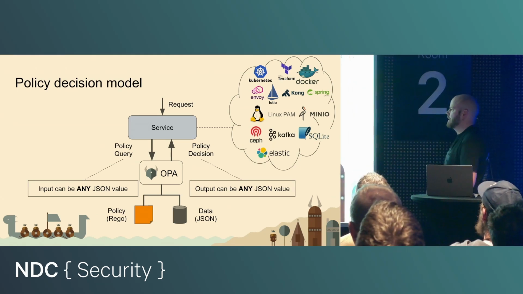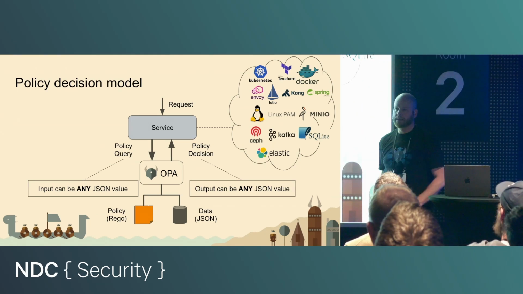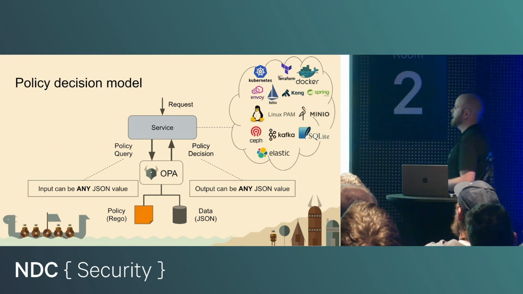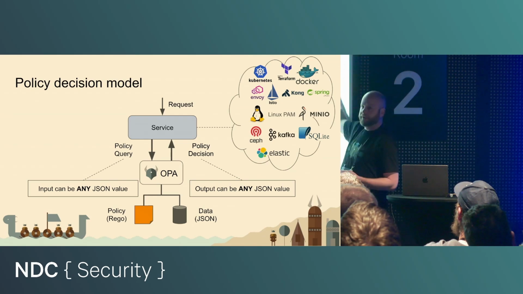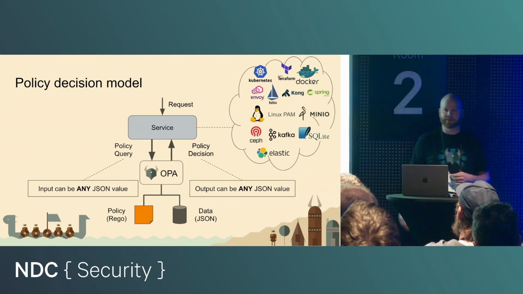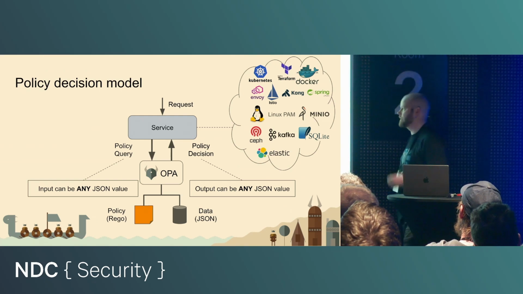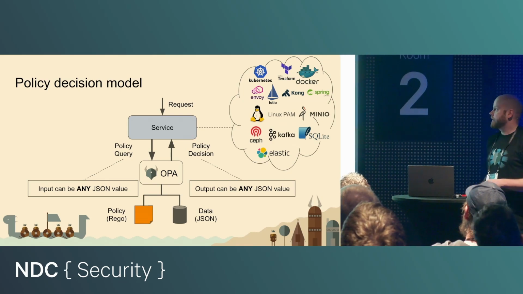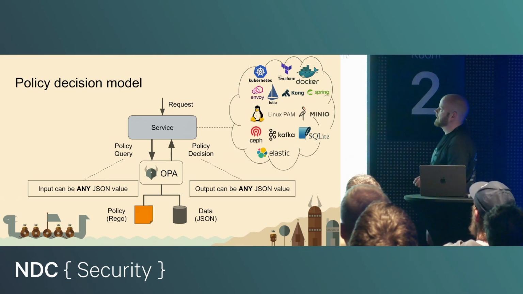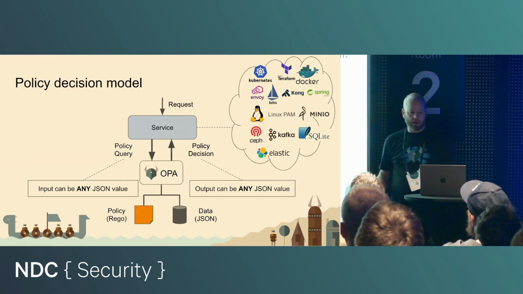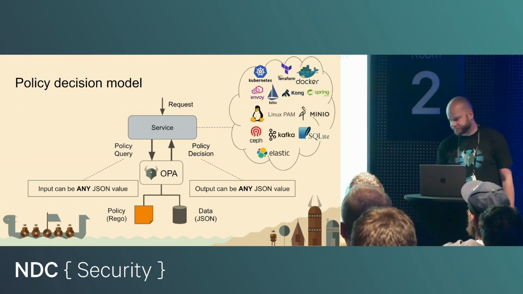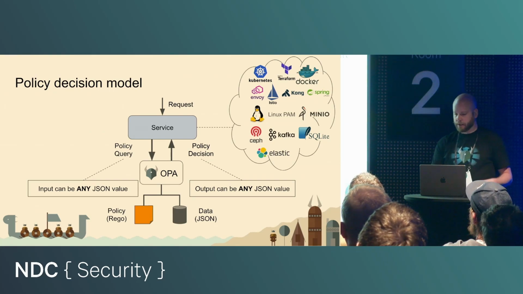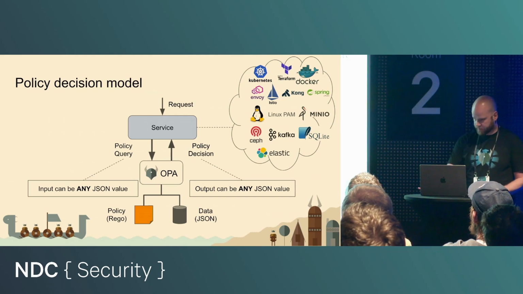It makes a decision and it responds with a response which is also just JSON. And of course, any service written in the last 20 years or so has a JSON parser, or JSON marshaller. That's basically how we communicate between services. And most of these services talk HTTP and REST. So it's a very simple model, but it works surprisingly well across a whole set of systems.